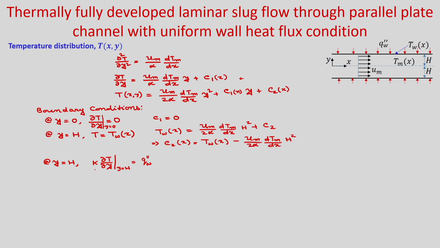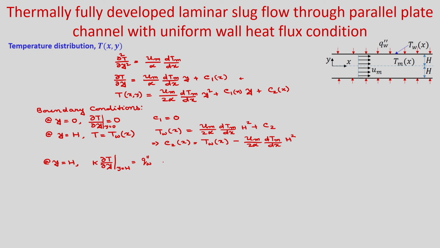You can see your y is in the positive upward direction, but q″_w is in the negative y direction, what we considered in this diagram. So, obviously in the negative y direction the heat conduction will be k ∂T/∂y at y = h, and that is equal to q″_w.